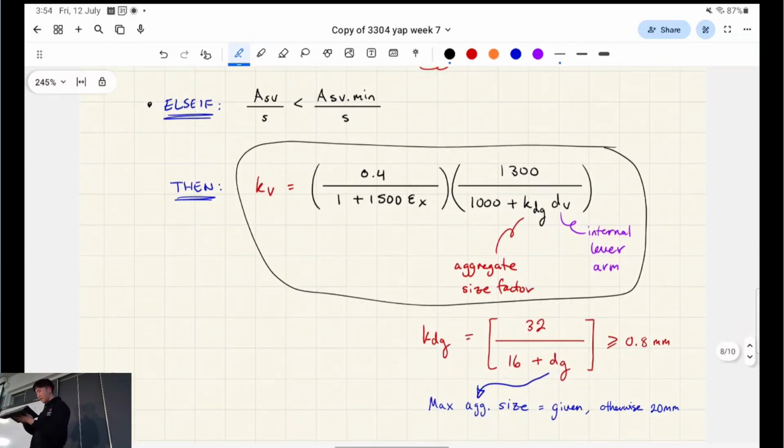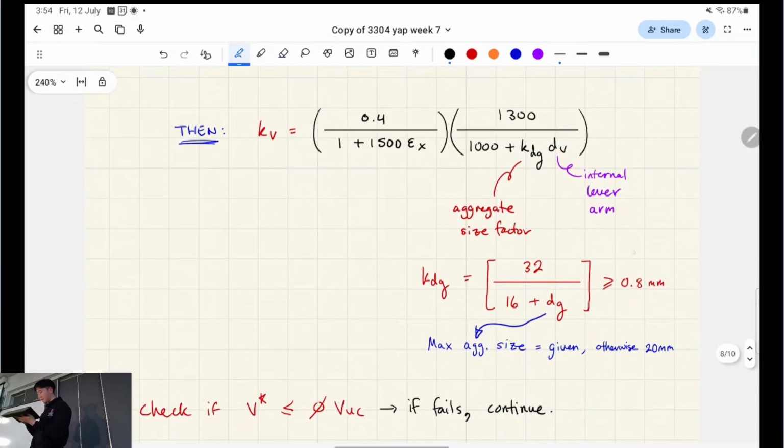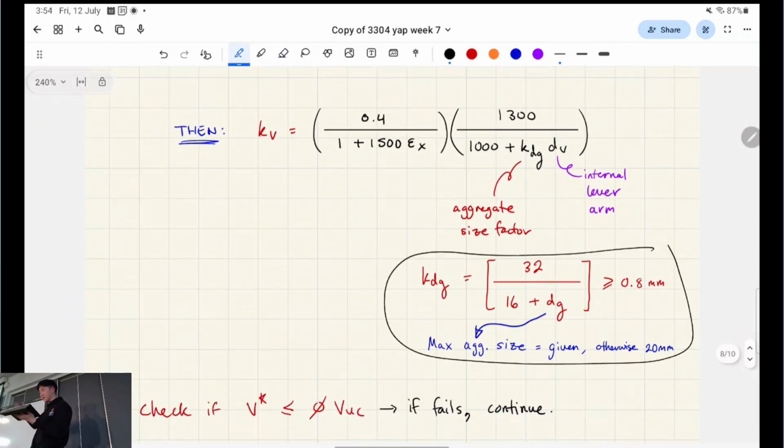And this is called an aggregate size factor, and it has this formula. Usually the max aggregate size is given, otherwise you assume it's 20 mil. This is the maximum rock that can be in your concrete mix.